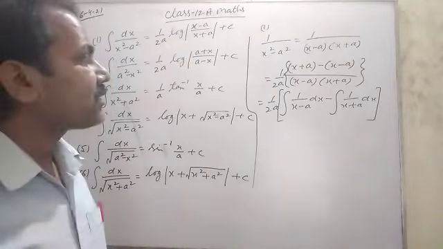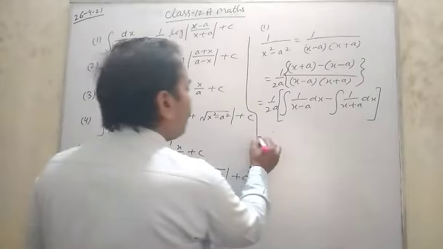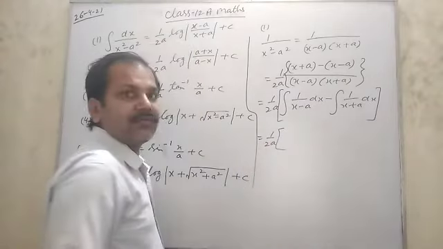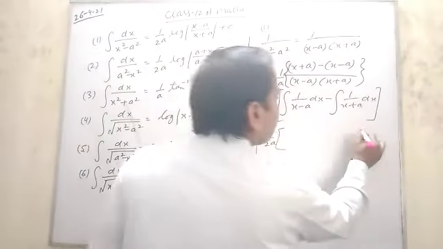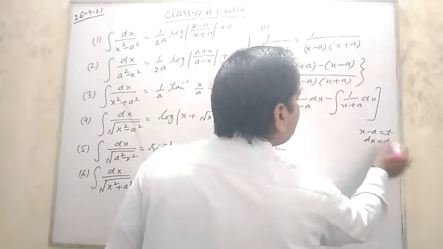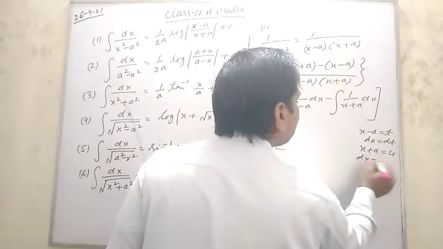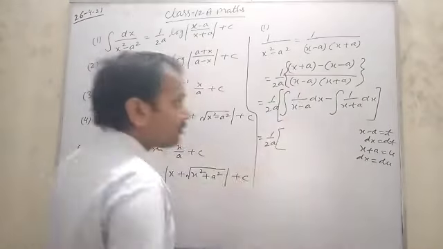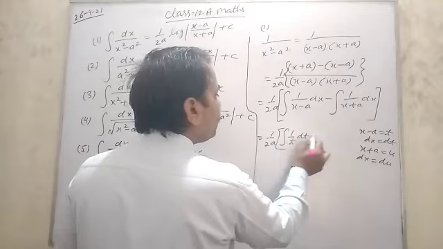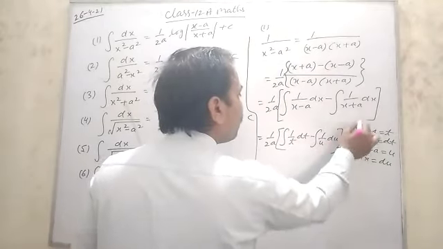And x minus a suppose t and x plus a suppose u, so 1 upon 2a, so 1 upon t. You know, x minus a, you suppose here t, so dx is equal to dt, and x plus a is equal to u, so dx is equal to du. So 1 upon t dt minus 1 upon u du.